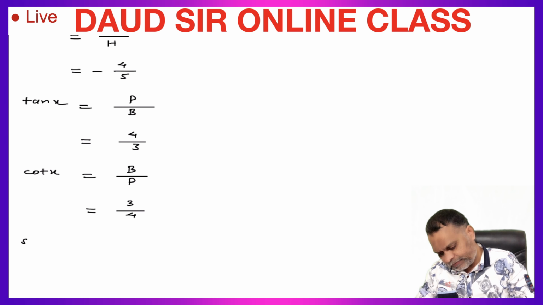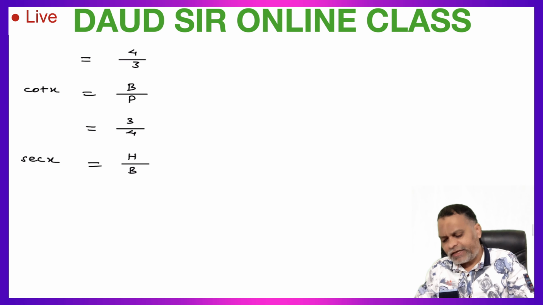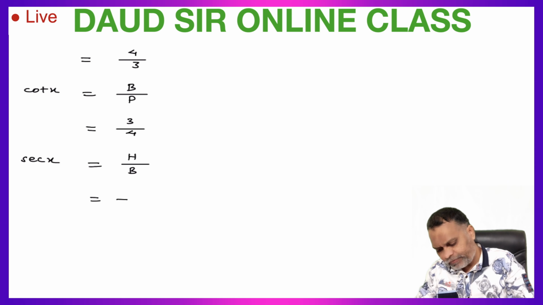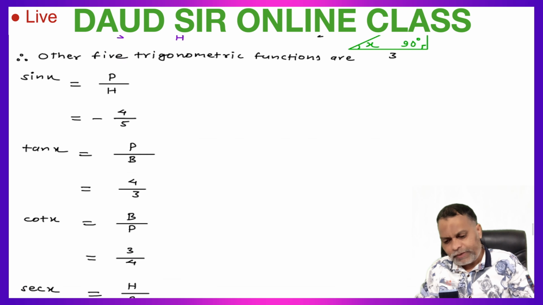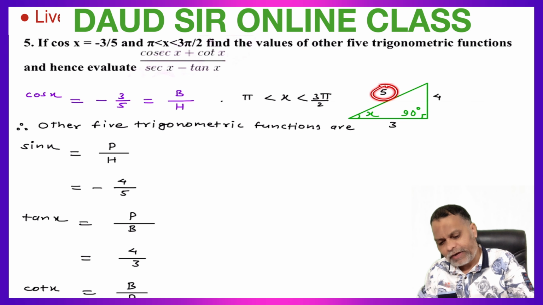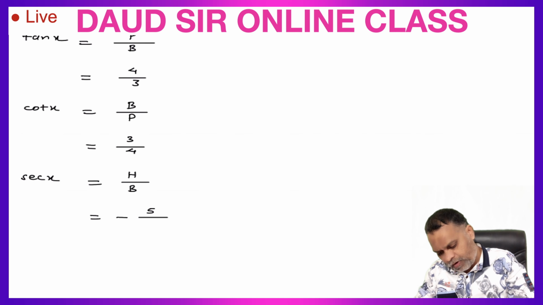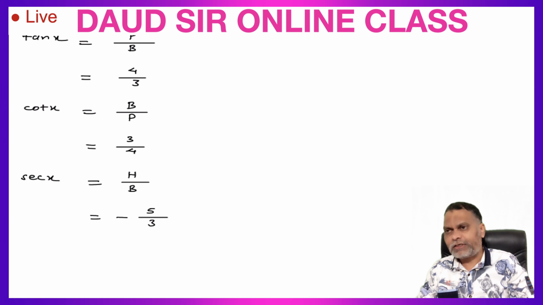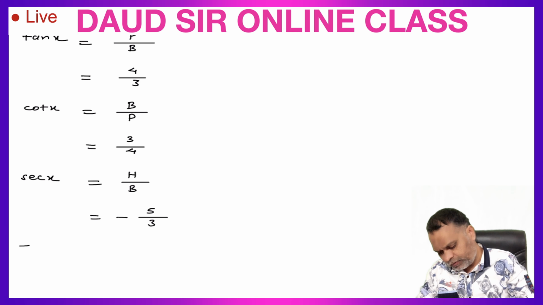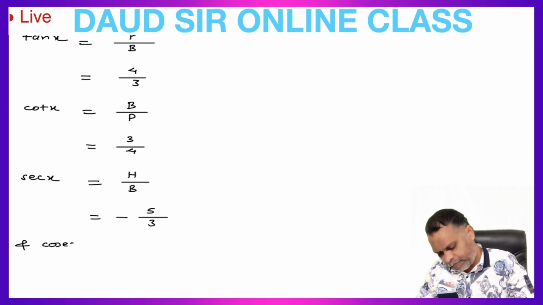Then sec x is equal to hypo upon base. In the third quadrant sec is negative, so minus sign. Hypo is 5 and base is 3, so the value of sec x is minus 5 upon 3. And one more ratio, cosec x.